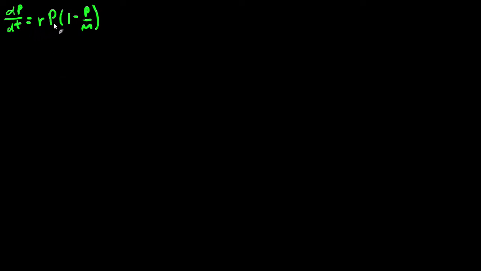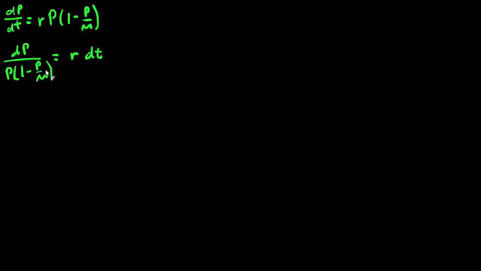I need to separate the variables, so I'm going to move all the stuff with P over there and move the dt over there. So I get dP over P times (1 - P/M) equals r dt. Now, I want to take the antiderivative of this, but it is currently a mess.